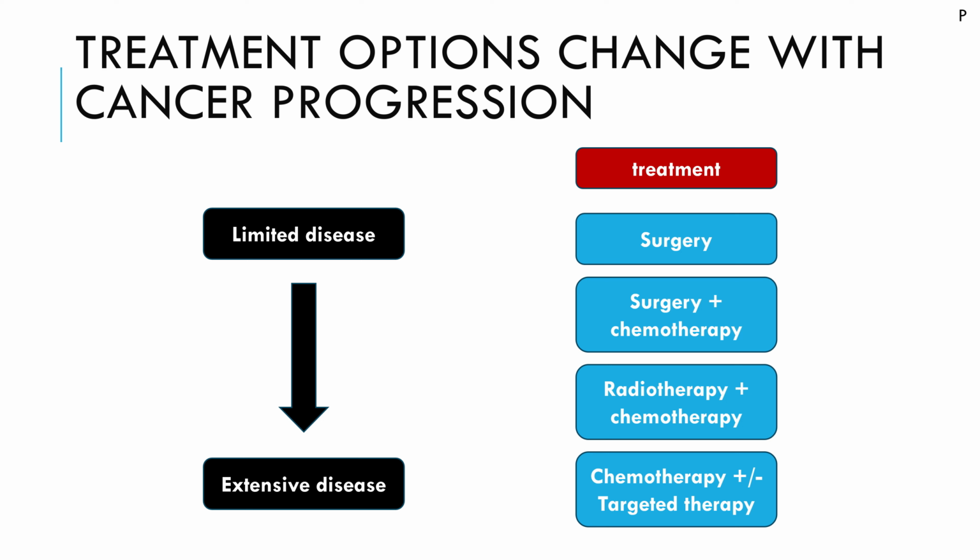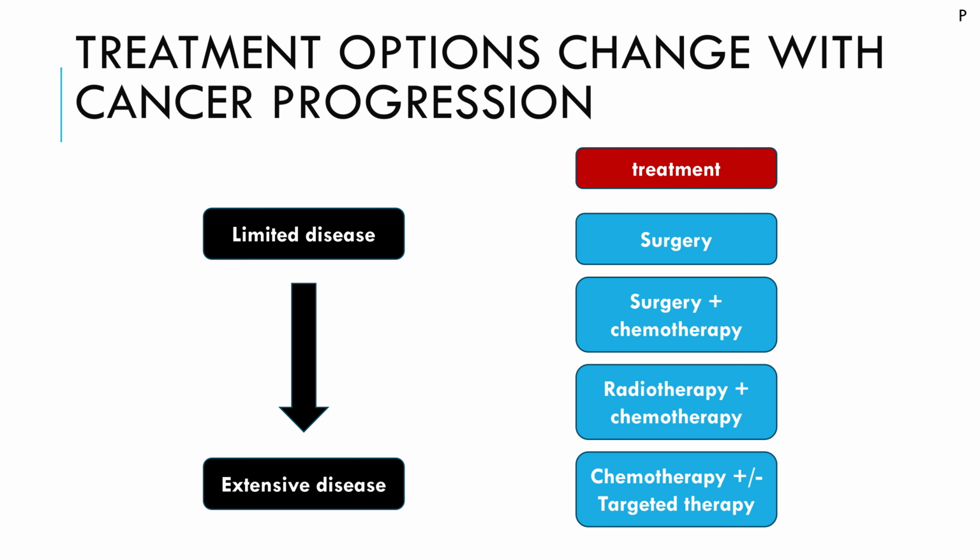One of the things that is important to note is that while a person with cancer may have treatment options, those options will change as the disease progresses. So if a patient has limited disease, that can be addressed directly with surgery.